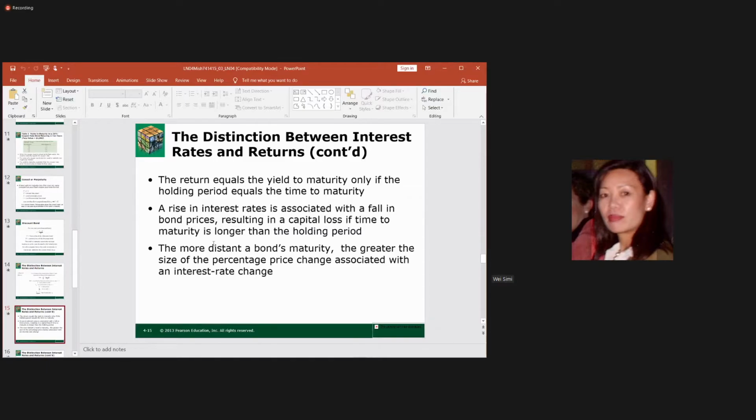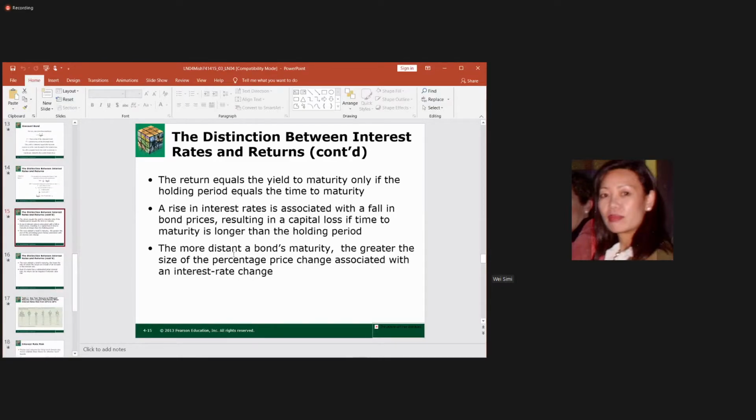So, return equals yield to maturity only if the holding period equals the time to maturity.